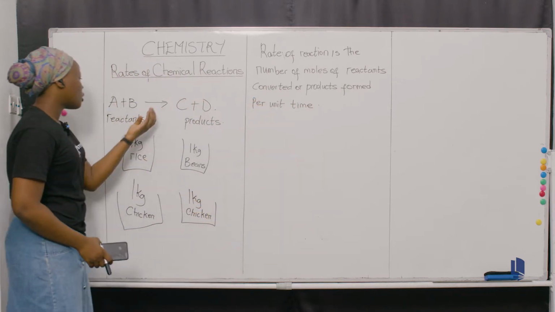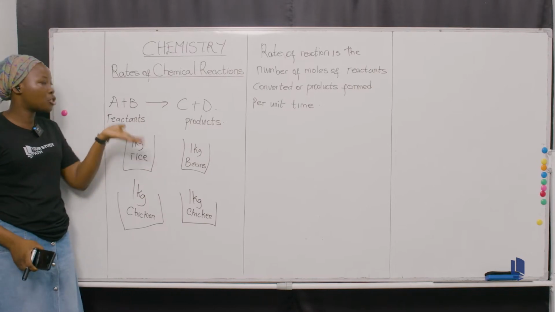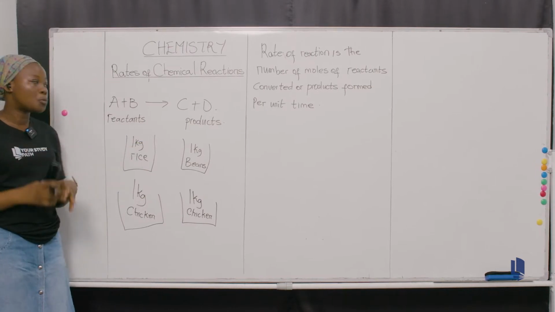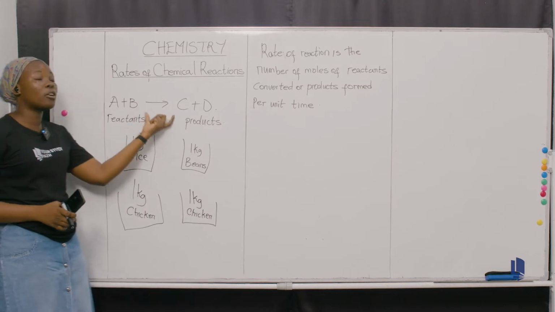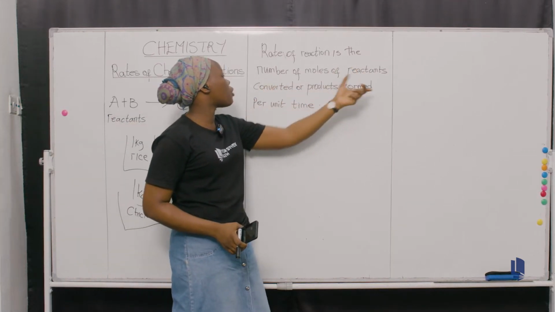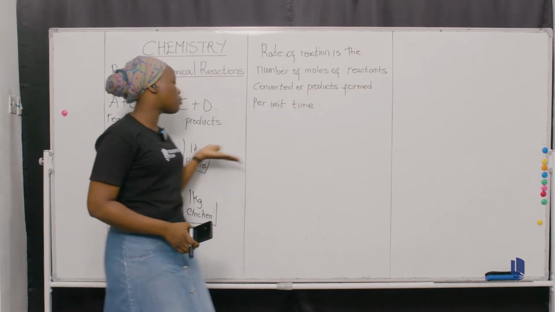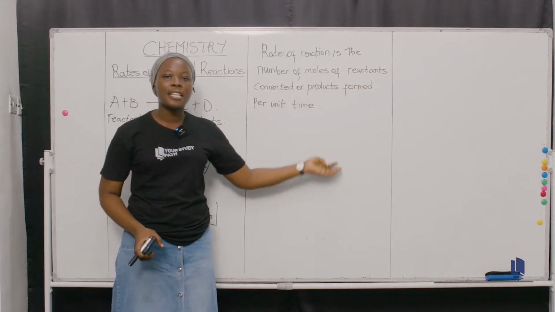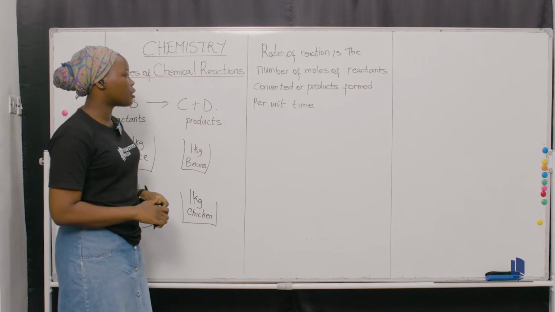Don't forget I said to the left hand side you have the reactants, which are the reacting species. So they'll get converted, undergo chemical change in order to form products. So number of moles of reactants converted or products formed per unit time. Per unit time.